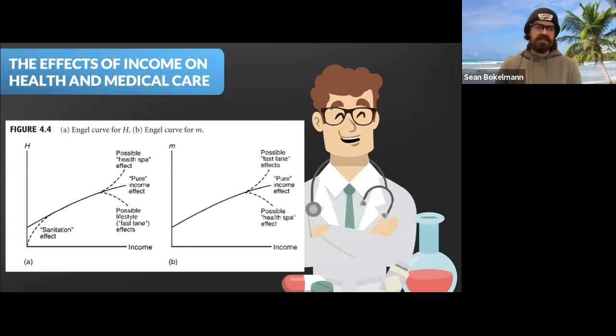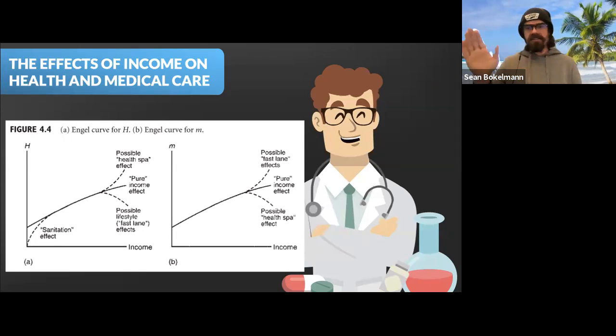That's something we're ignoring here, that maybe at low levels of income, there are basic needs that have a high impact on health. So in that case, our Engel curve for health would follow this initial dotted line labeled sanitation effect.